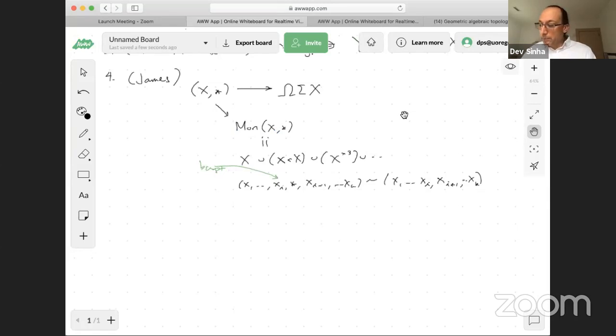And because loops on X, if you use more loops, it is a monoid, you get a map like that. Then James, so we're going to use a strict model rather than the A infinity model, and James' theorem says that this is an equivalence.